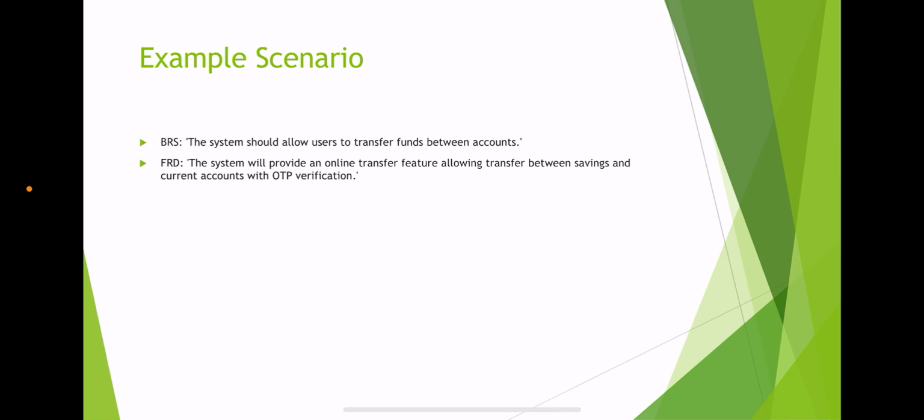So just go with the example and the scenarios. For BRS: the system should allow users to transfer funds between two accounts. And in FRD: the system will provide an online transfer feature allowing transfer between savings and current bank accounts with OTP and other specifications such as the UI fields, validation rules, like that.